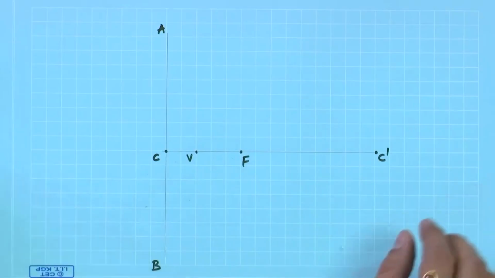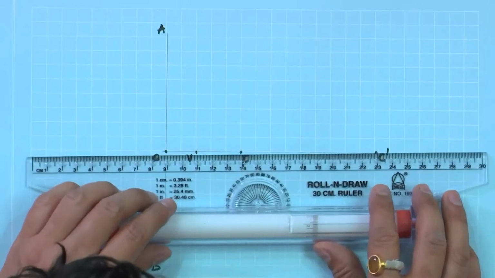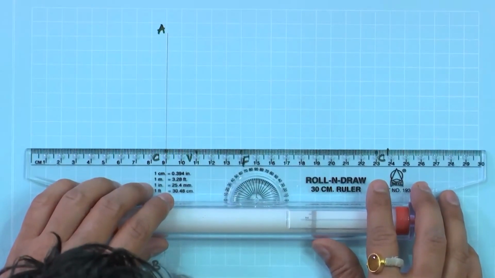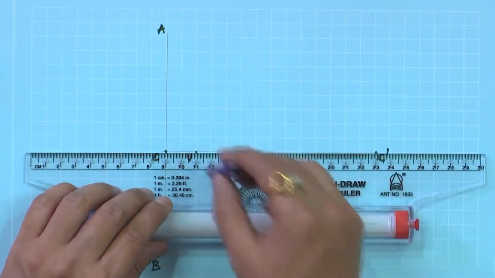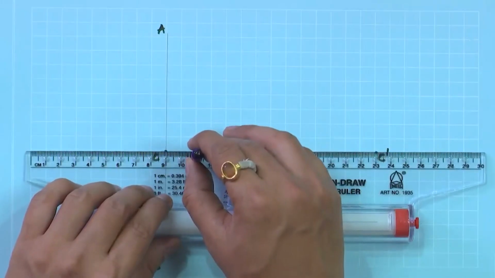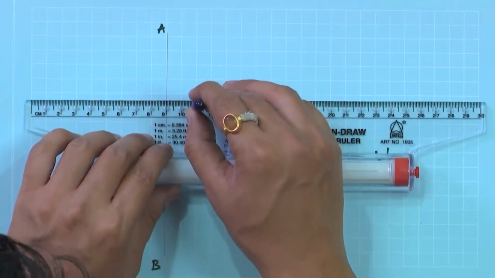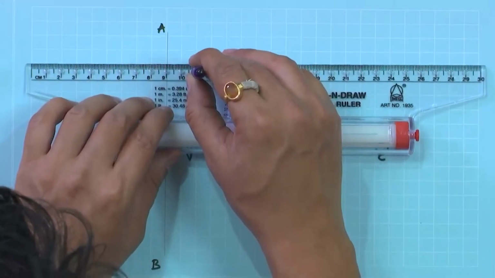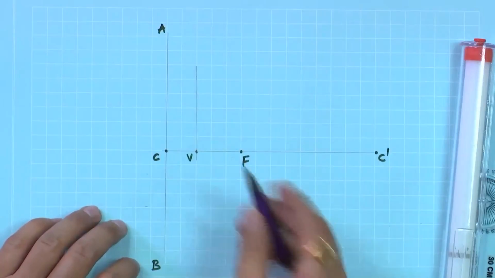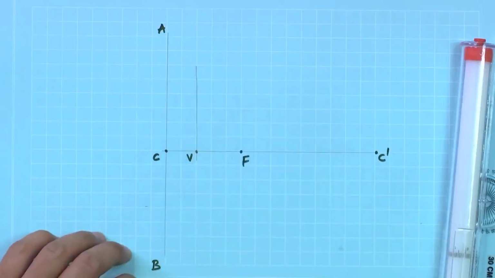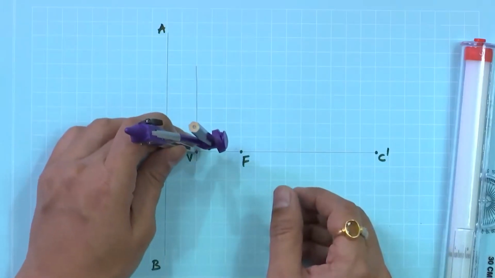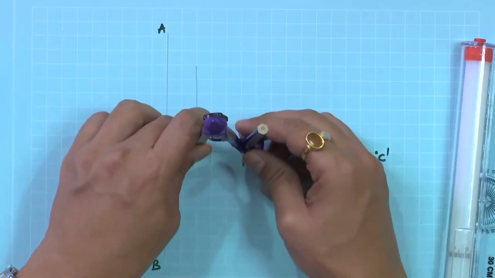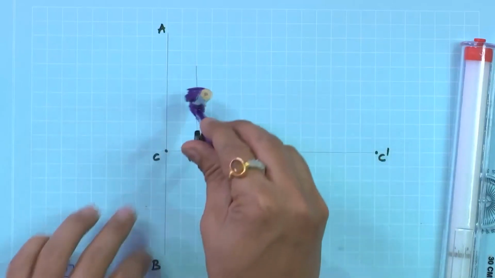Once V is done, we can construct a perpendicular line passing through it. Now, transfer VF equal to VG. This is the one, transfer this line.